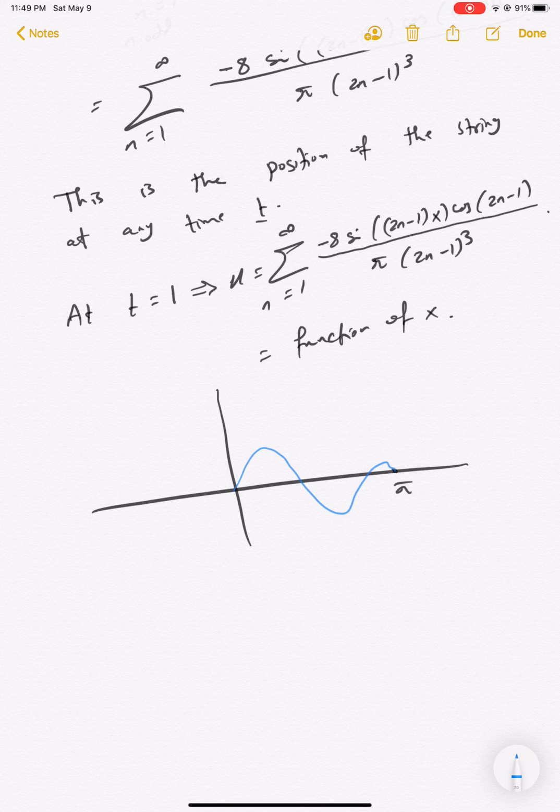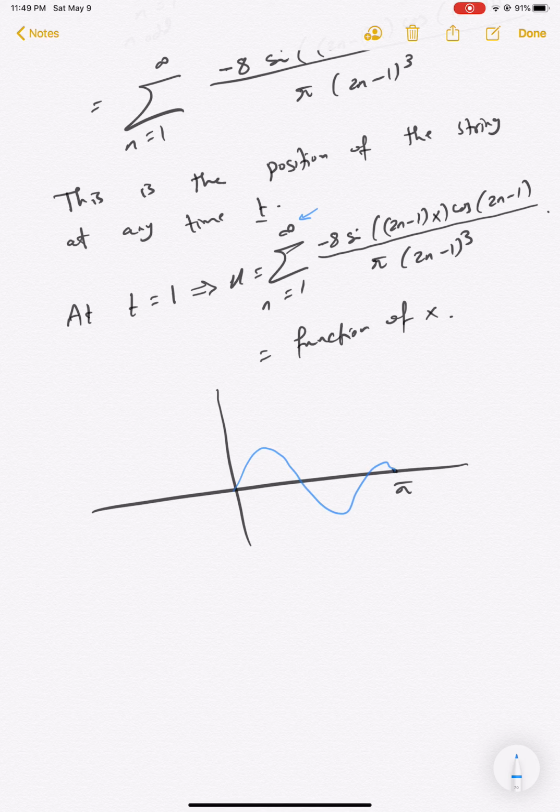So if you observe this string while it's moving and you take a screenshot of it after 1 unit of time, this is how it looks like, okay? Now, if you want to understand it more, for example, just take a partial sum. You have computers these days, you have MATLAB. So I take this sum, for example, from 1 to 100, and you plot it.